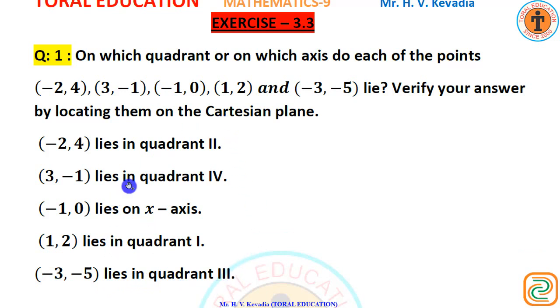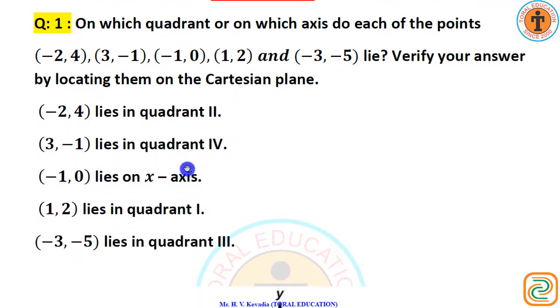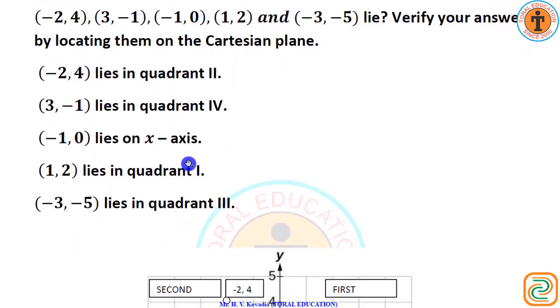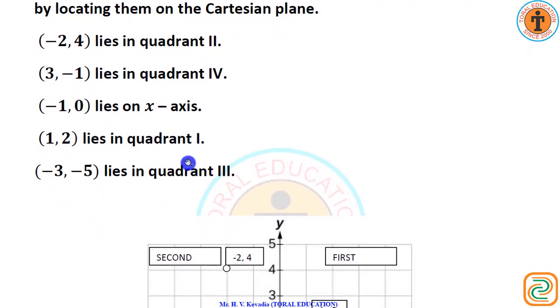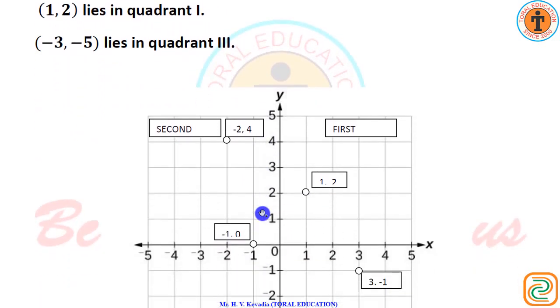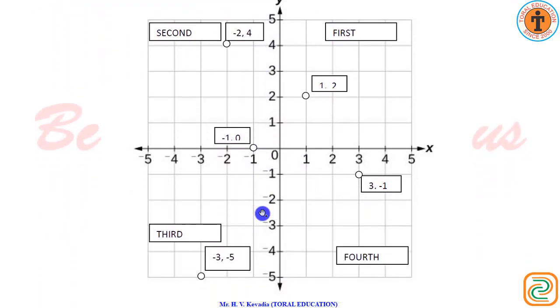These are the points located on the Cartesian plane. Here I have drawn -2, 4. This is the first quadrant, we know: 1 and 2, x coordinate 1 and y coordinate 2. Then -2 and 4.